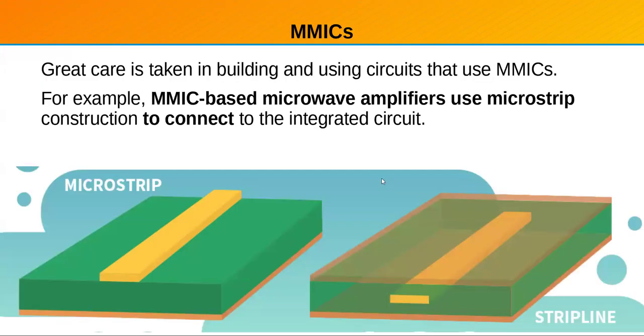Okay, so when you're using these things, because of the 50 ohm input output, you basically have to connect them up with transmission lines. So if you're doing it on a circuit board, you can use things like microstrip or strip line.